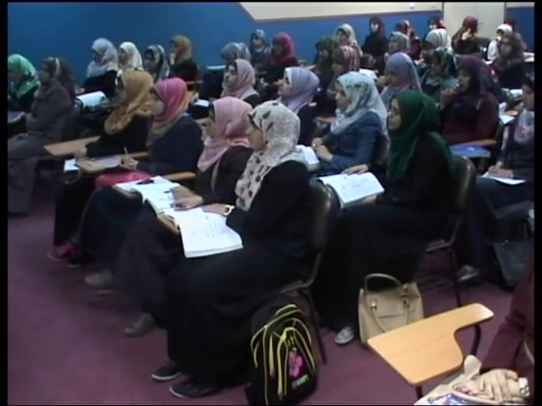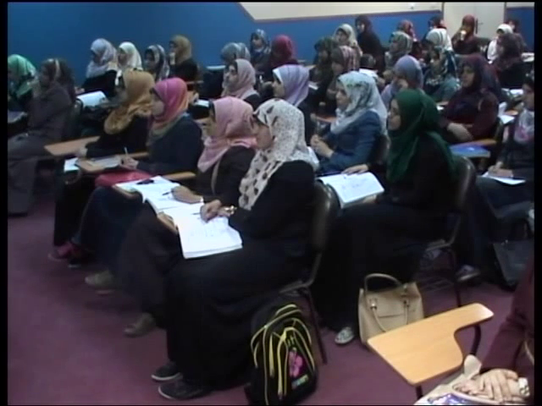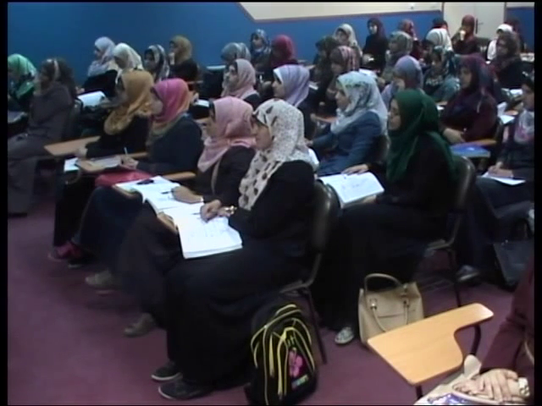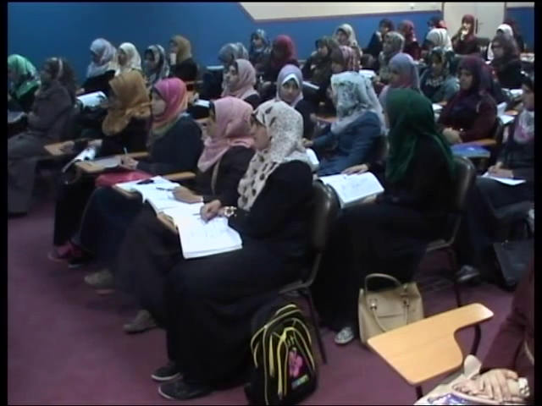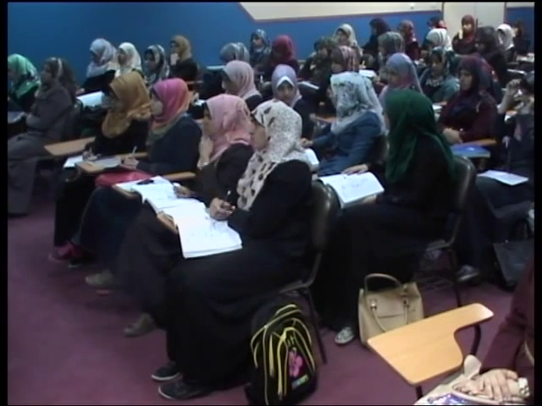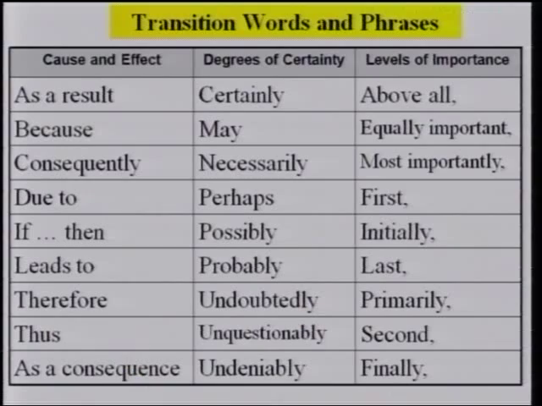This is just to give you a perspective on the need in this kind of writing to actually identify causes and effects. All right. So, what sort of transitions do I use in this kind of writing? Many of them are familiar to you.